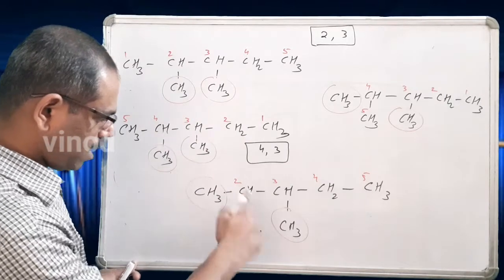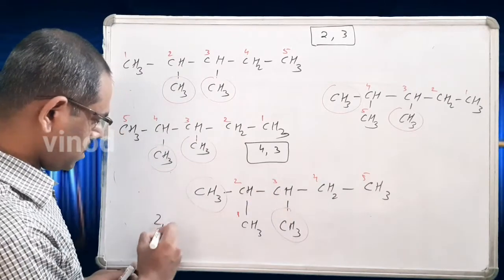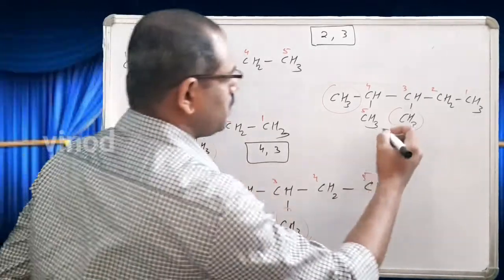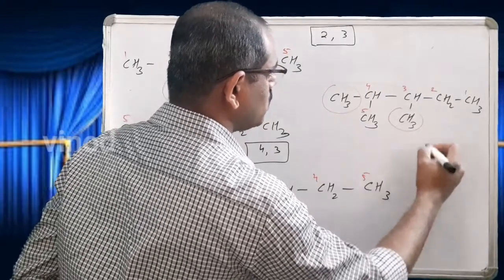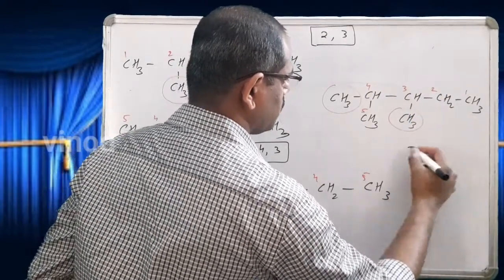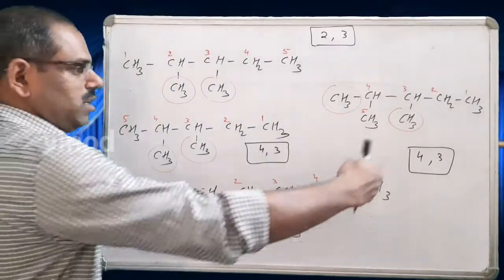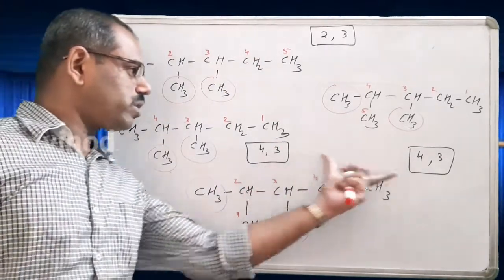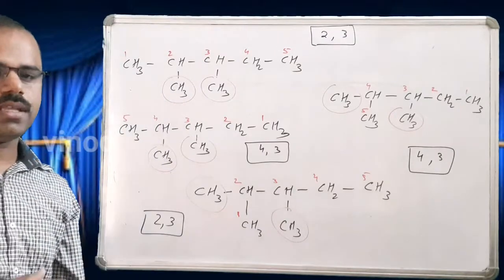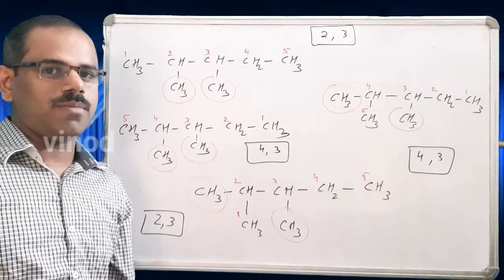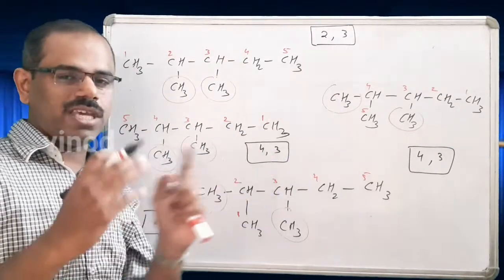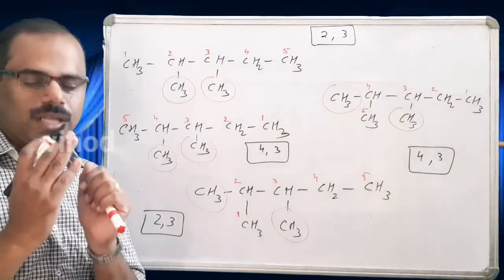Here we get second and third. And the same way here it is 4 and 3. So we have 2, 3, 4, 3, 2, 3, 4, 3. The sets 2 and 3 give the lowest values. So that's called the lowest sum rule: the sum of the 2 places gives the lowest value.